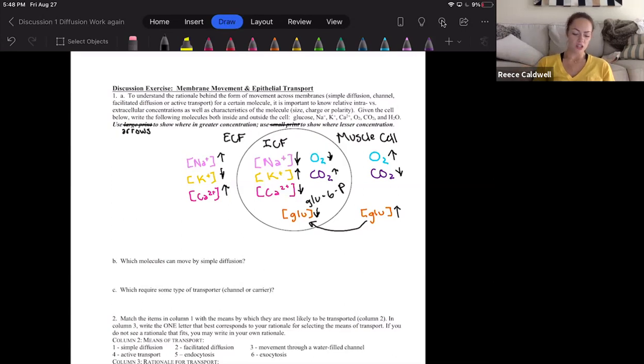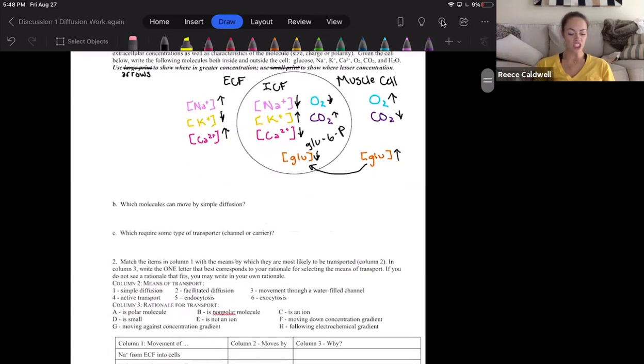So with this knowledge, we can look at the next question: which molecules can move by simple diffusion? Simple diffusion is a form of passive transport. There's no membrane protein required, no ATP required, and the molecules that we're going to see that can move by simple diffusion are going to be our gases.